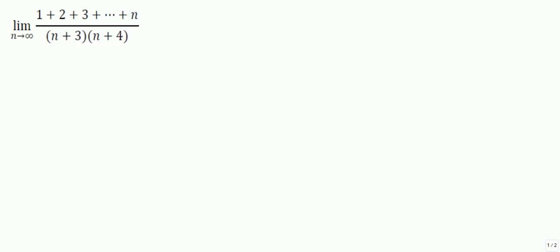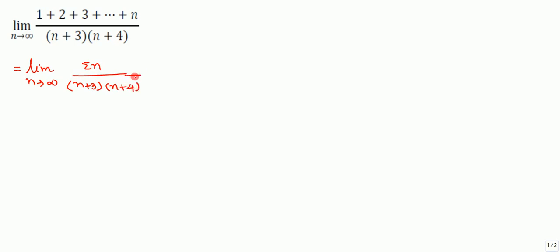Now sum number 2. Limit n tends to infinity, 1 plus 2 plus 3 till plus n upon n plus 3 into n plus 4. First of all, numerator is equal to what? Sigma n. So we can put limit n tends to infinity, sigma n divided by n plus 3 into n plus 4.